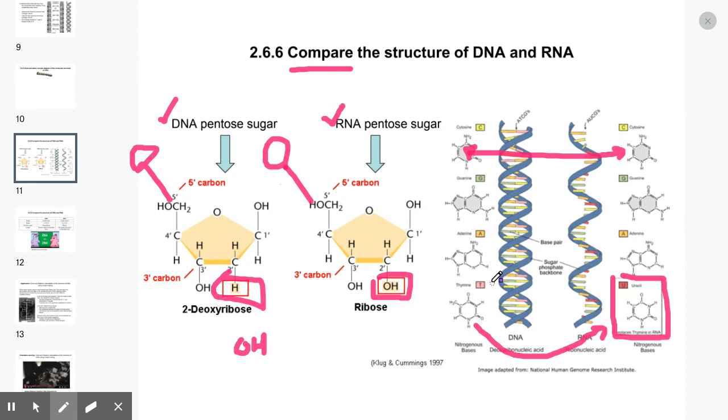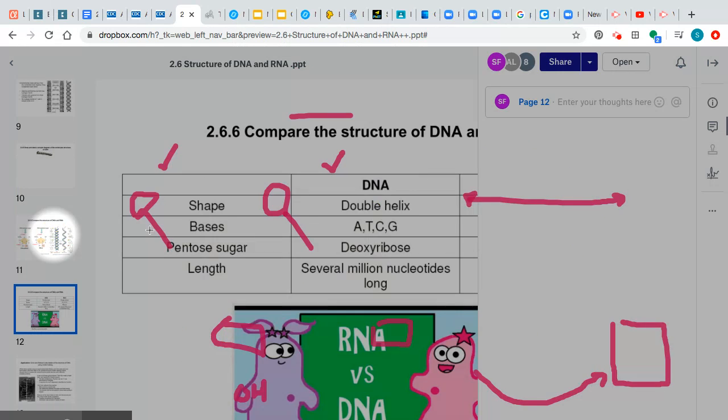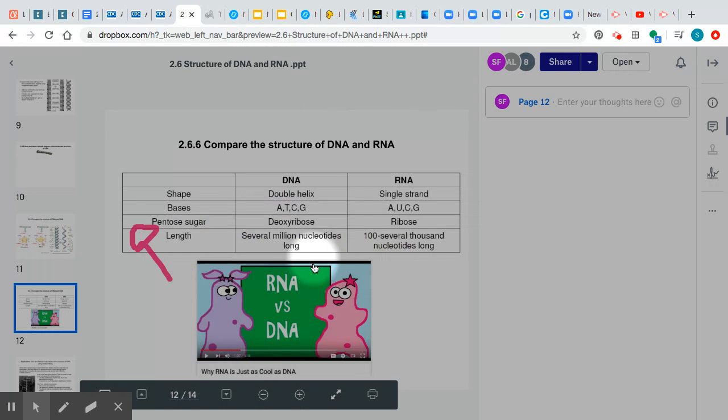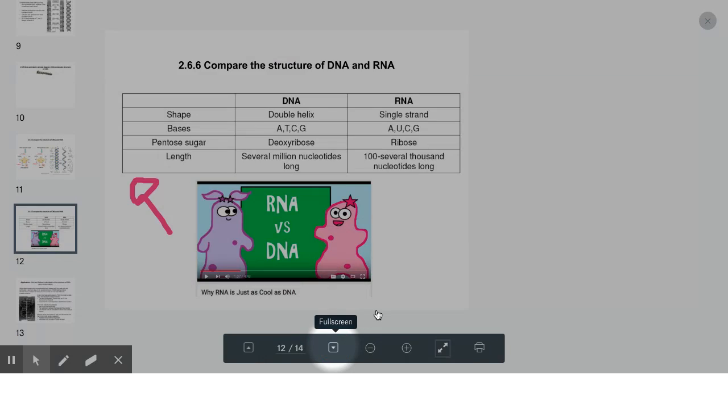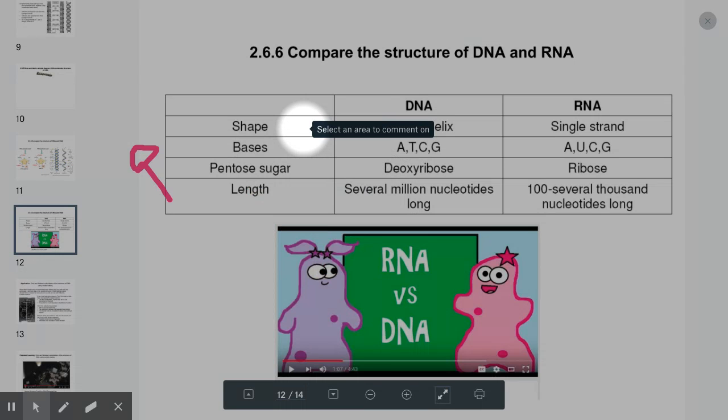Also, the structure itself, right? RNA is made up of one backbone, one strand. So it's not a double strand, not a helix. So that would be another difference. I've organized that in table format. If you look at the shapes or the structure, so double helix or single strand, are bases that are the same and different.